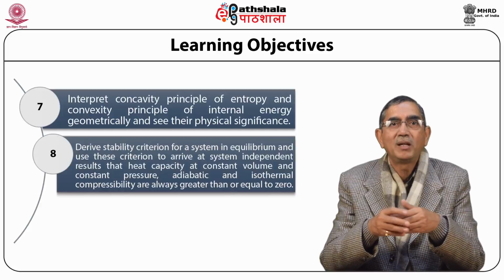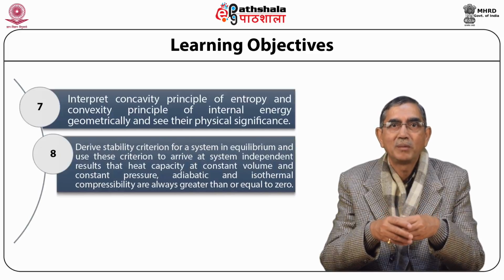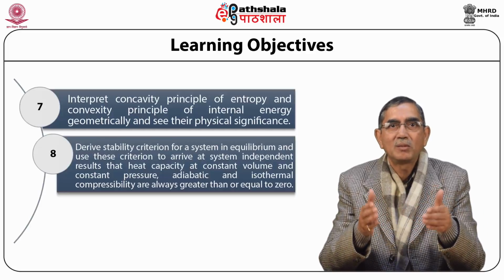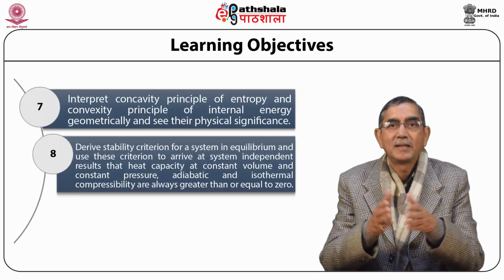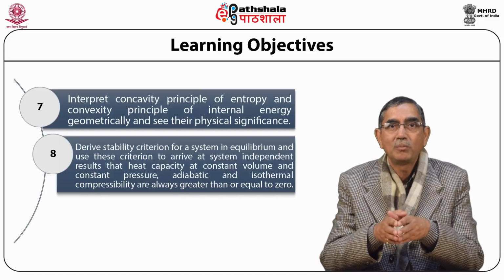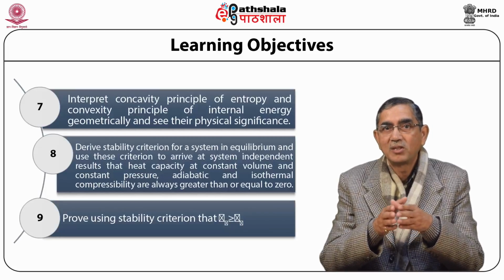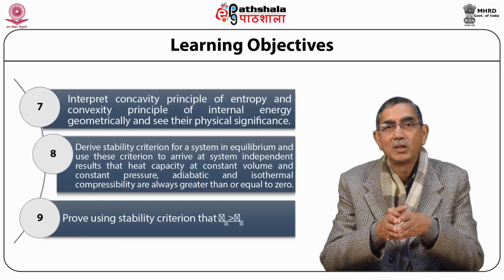Derive the stability criterion for a system in equilibrium and use these criteria to arrive at system-independent results that heat capacity at constant volume and constant pressure, adiabatic and isothermal compressibility are always greater than or equal to 0. Prove using stability criteria that specific heat at constant pressure is greater than or equal to specific heat at constant volume.